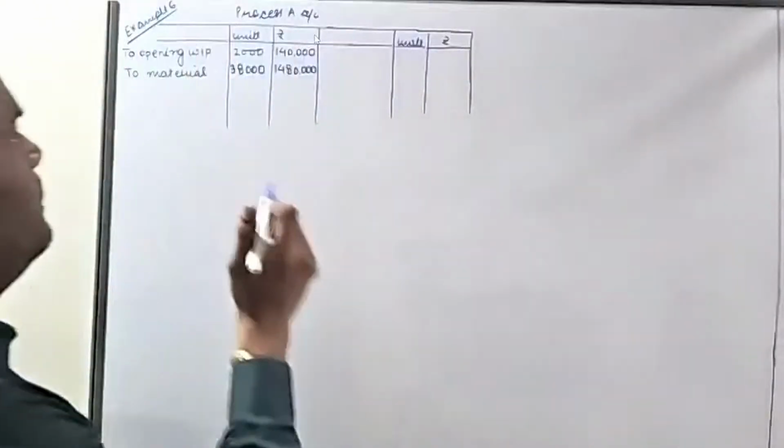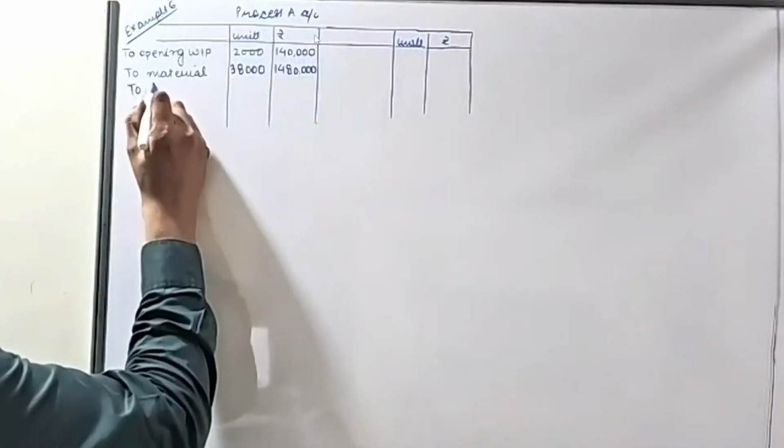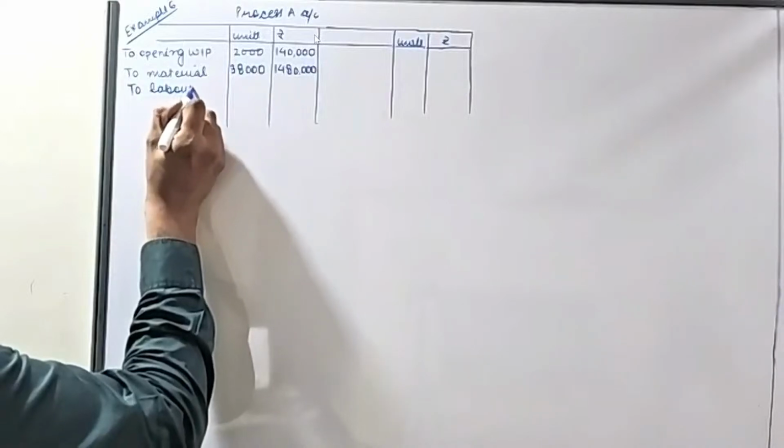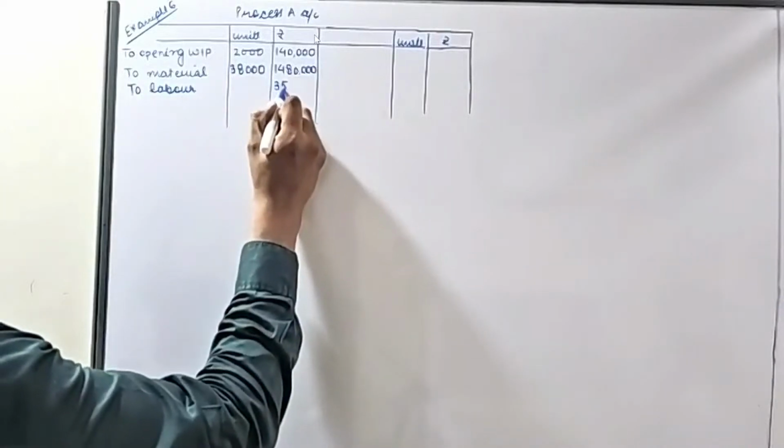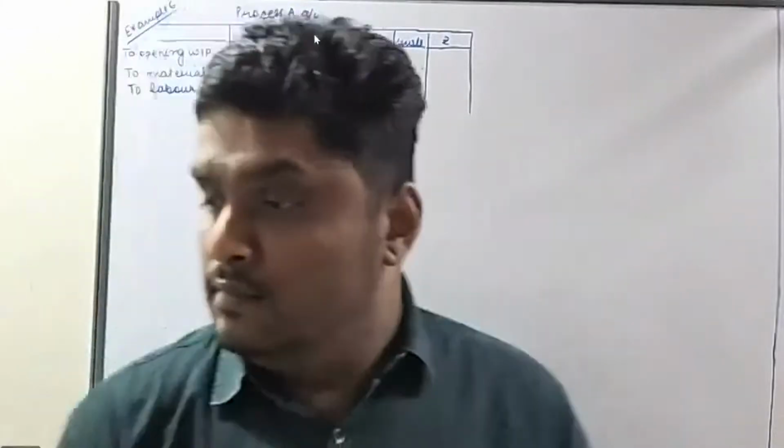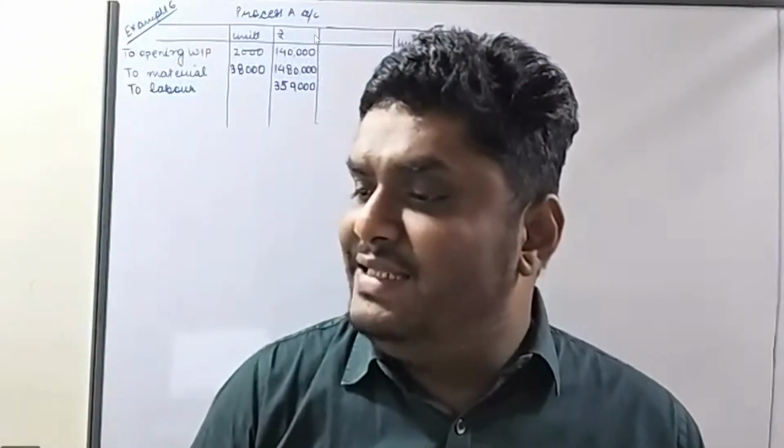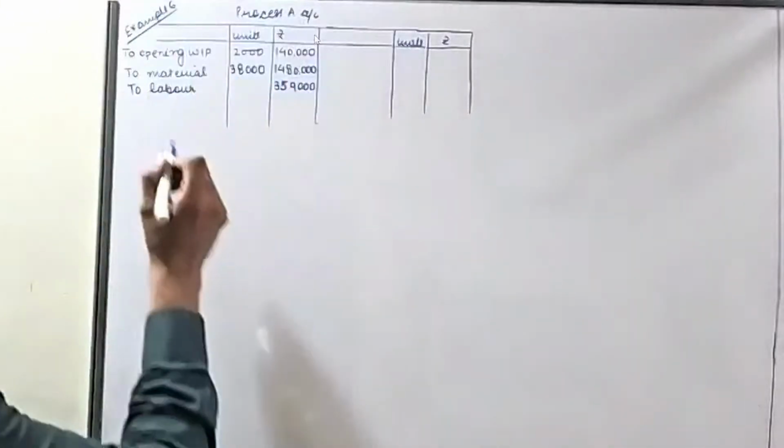Thereafter, the labor cost is 3,59,000. Overheads cost, that is 10,77,000.